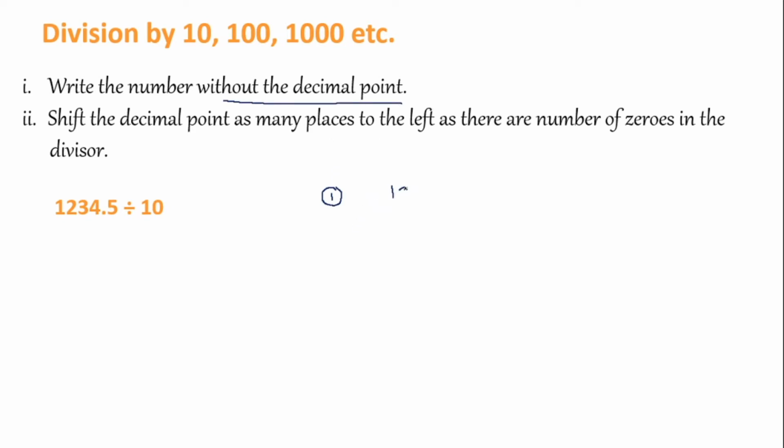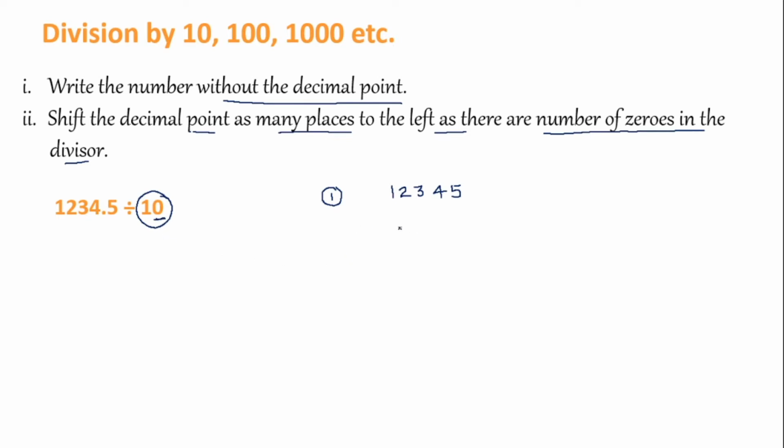So you will write 1, 2, 3, 4, 5 without the decimal point. Now second step says that shift the decimal point as many places to the left as there are number of zeros in the divisor. In this, 10 is your divisor and it has only 1 zero.